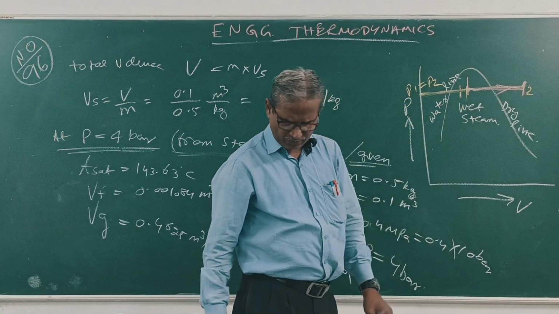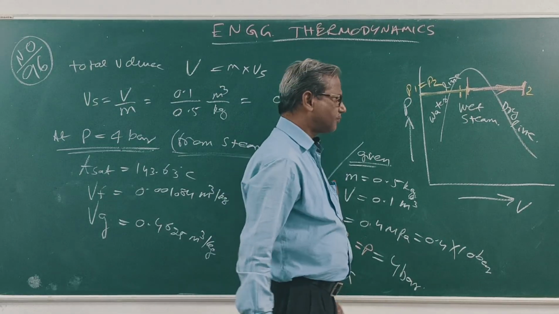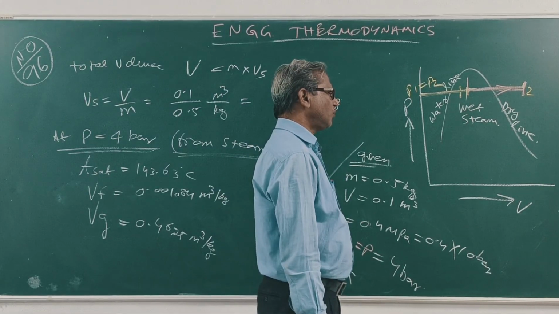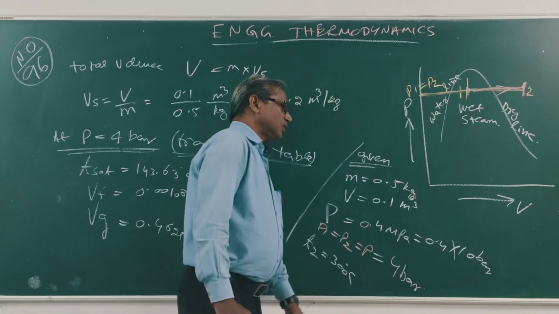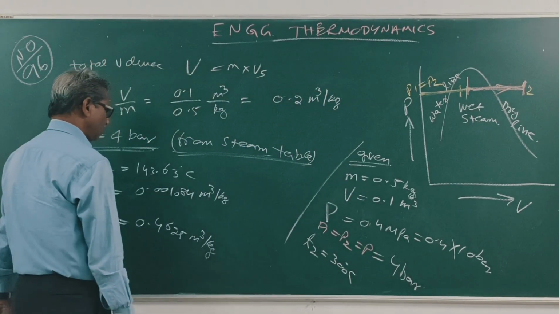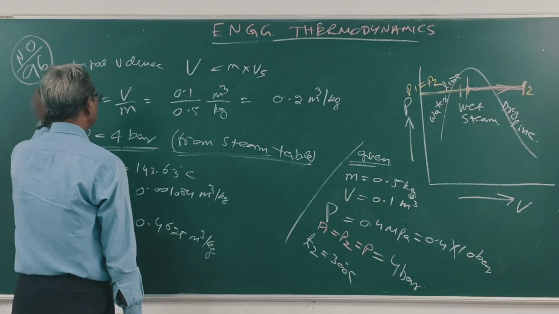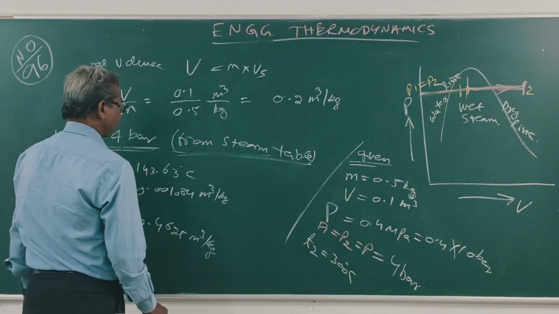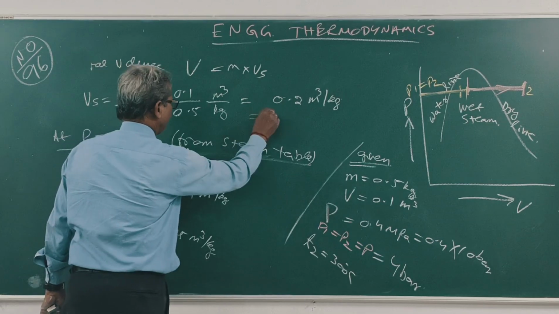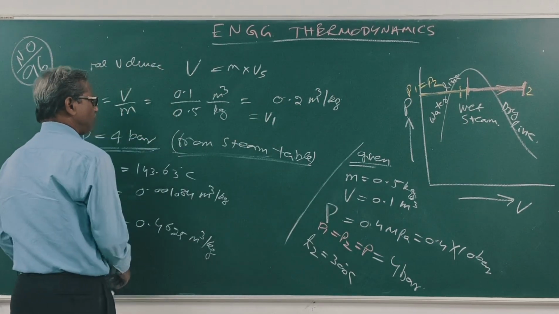Now, at points 1 and 2, first find out x. This is v1, 0.2 meter cube per kg.